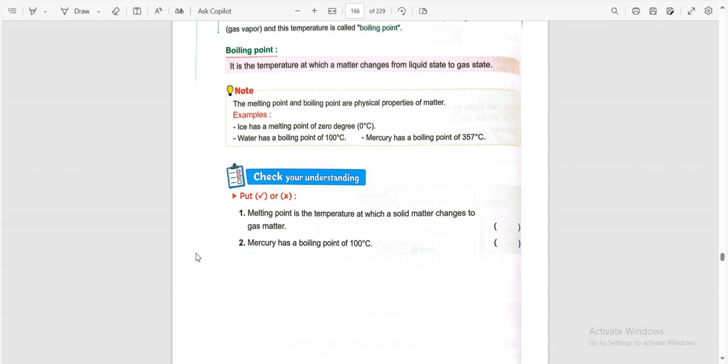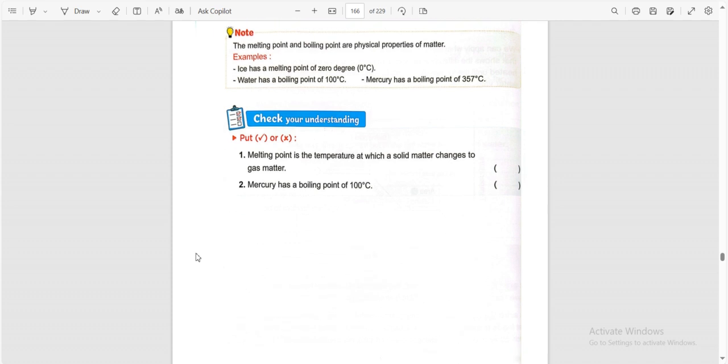The boiling point of water is 100 degrees. But let's take a look at another liquid, which is mercury. Mercury has a boiling point of 357 degrees. So it starts to change its state from liquid to gas at a much higher temperature than that of water. So each matter has its own melting and boiling points.